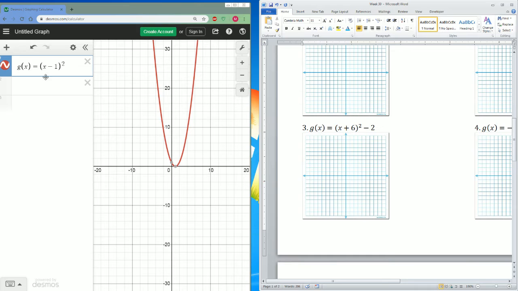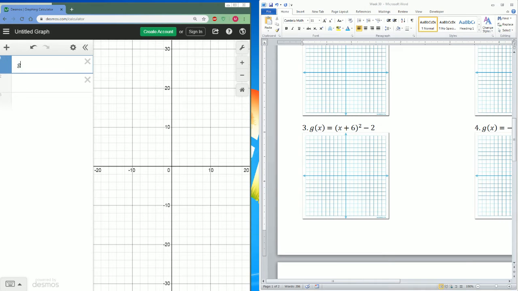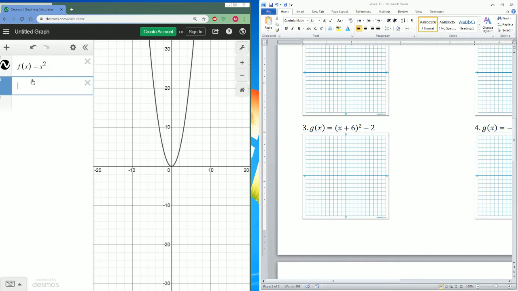3. Here's the original. F of x is equal to x squared, which is your original, right? But now we want to make it g of x, so I could put that on the bottom.